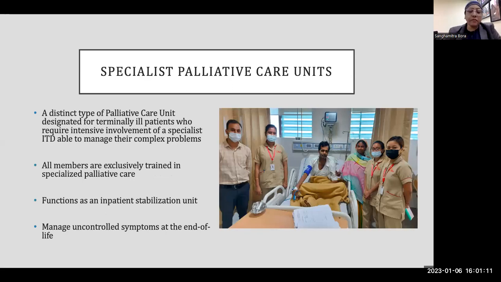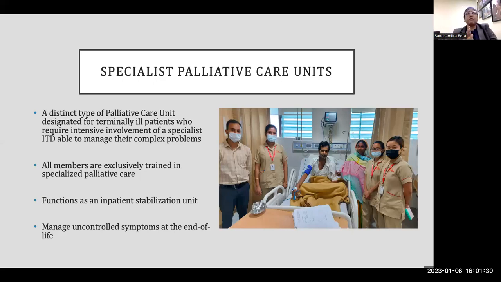And then you have the specialist palliative care unit where everybody in the team, a nurse, counselor, the doctors and the specialists, are all trained in palliative care.